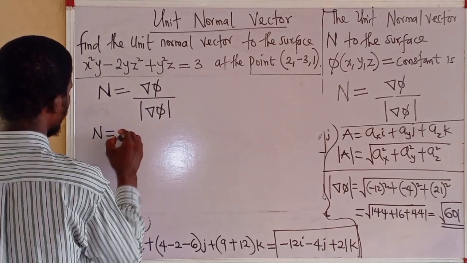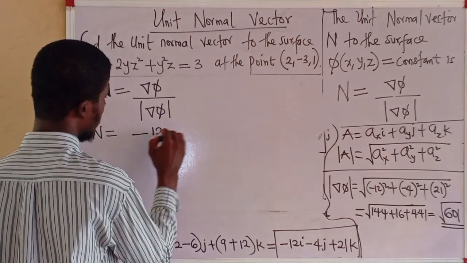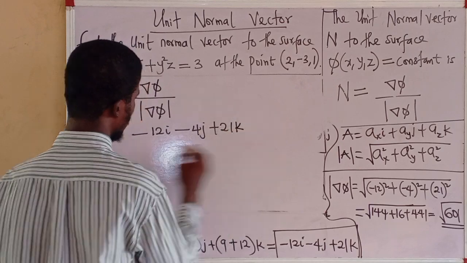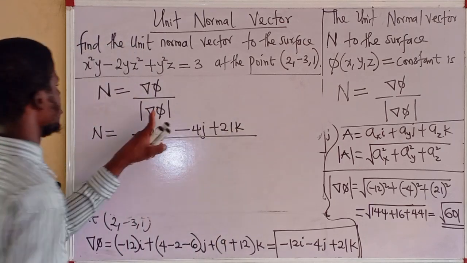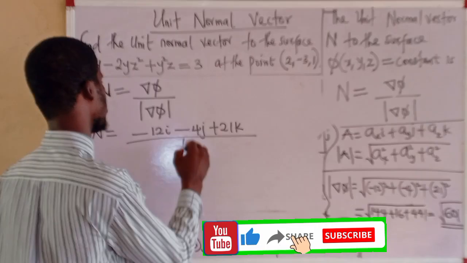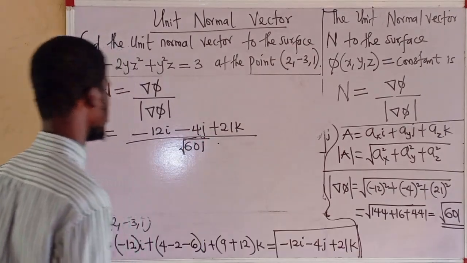So it is equal to, the grad of phi at this point is this, minus 12i minus 4j plus 21k, divided by this, and this is equal to root 601. So this is it.